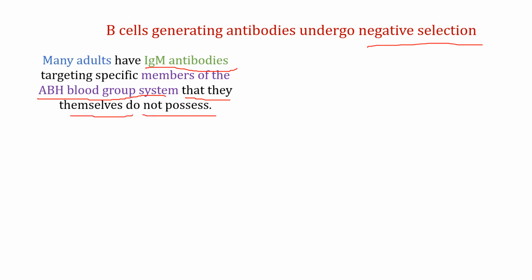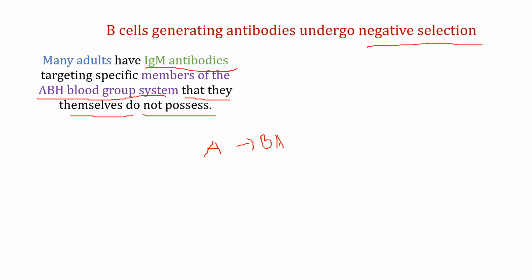Here we take an example. Imagine Sarah has blood type A. In her body, she naturally produces antibody against the B antigen, that is, against the B blood group. Now, it's part of our immune system's defense mechanism.